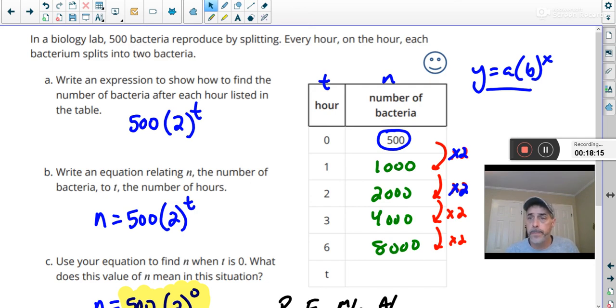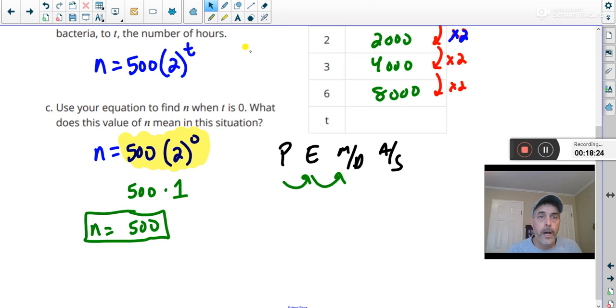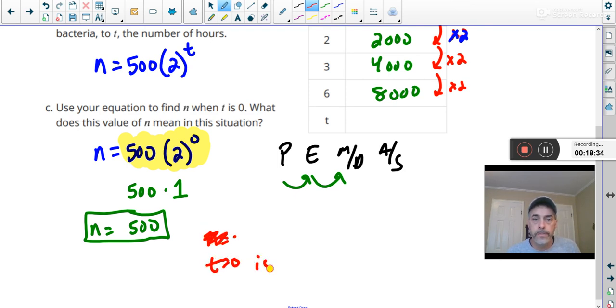This is when the experiment began. So t equals 0 is the starting amount, or the start time of the experiment.